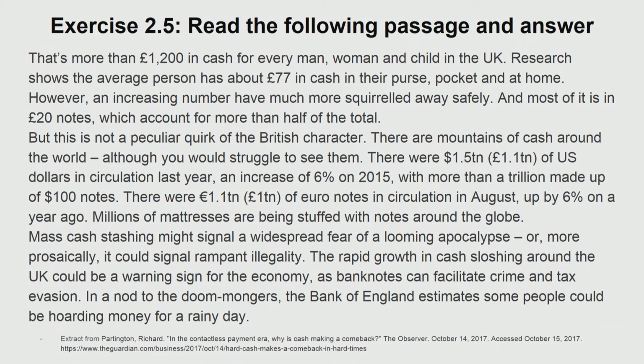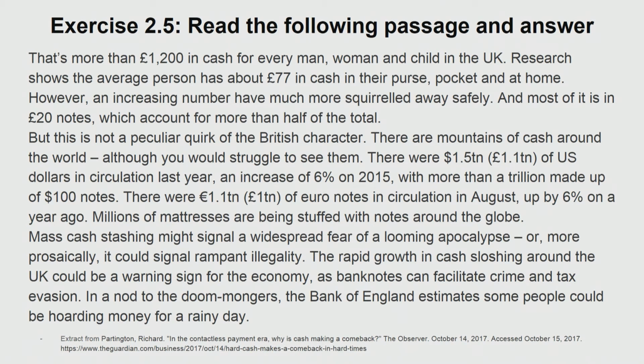There were so and so of US dollars in circulation last year, an increase of 6% in 2015, with more than a trillion made up of $100 notes. There were euro 1.1 ton of euro notes in circulation in August, up by 6% on a year ago. Millions of mattresses are being stuffed with notes around the globe.